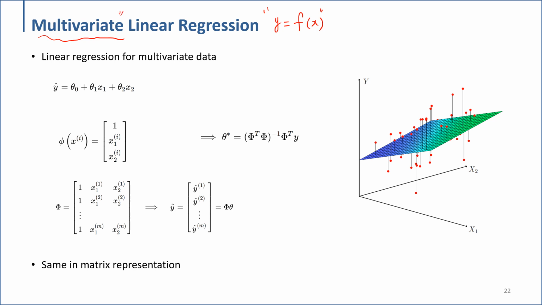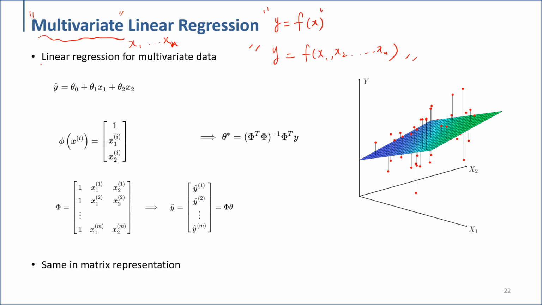Here we will consider the case where more than one independent variable exists. So the case will be written like this: y is a function of x1 and x2 up to xn. In this case we call this a multivariate linear regression.